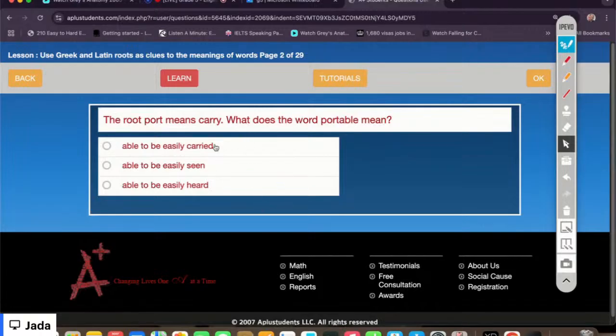The root port means carry. What does the word portable mean? Able to be easily carried, able to be easily seen, or able to be easily heard. Which of them?